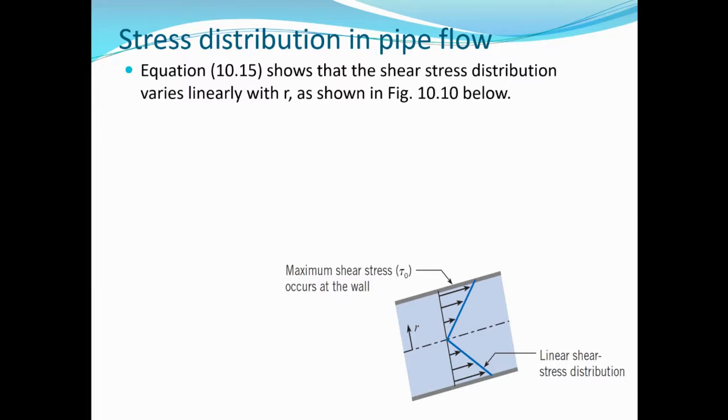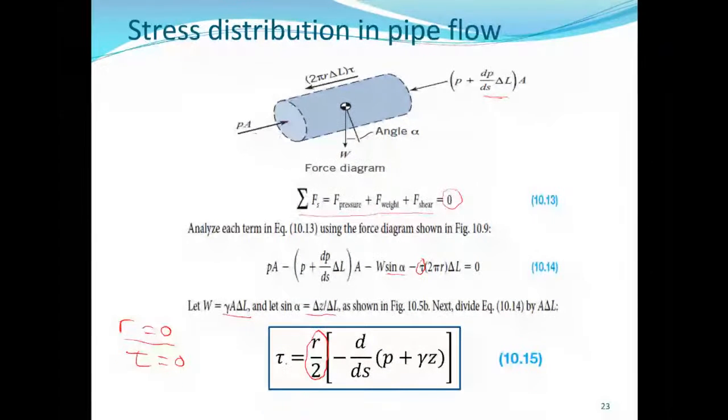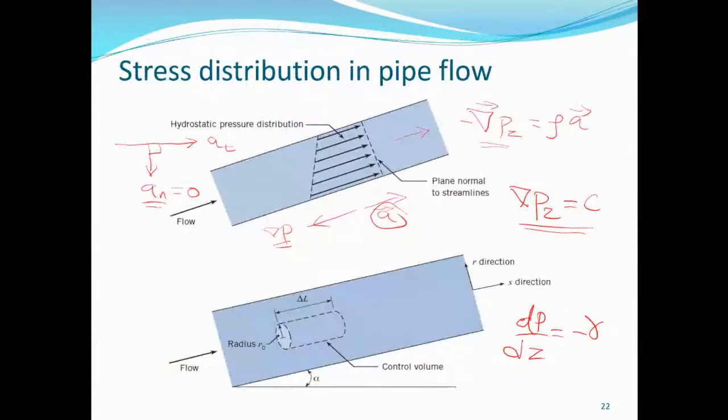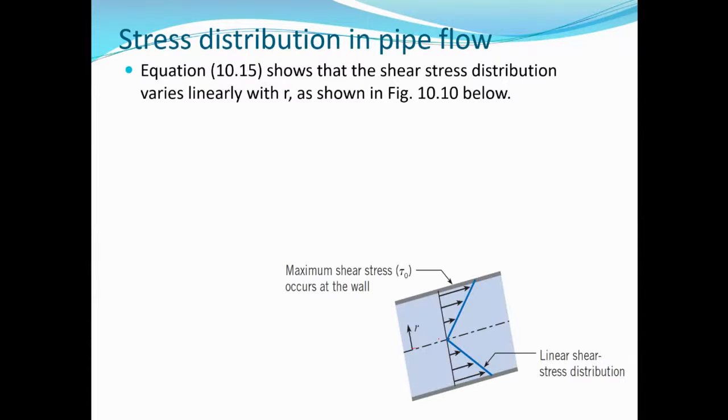Okay, and then you can see r starts from the center, so it increases linearly. Equation 15 shows that the shear stress distribution varies linearly with r, that is this equation. As r increases, the shear stress increases.